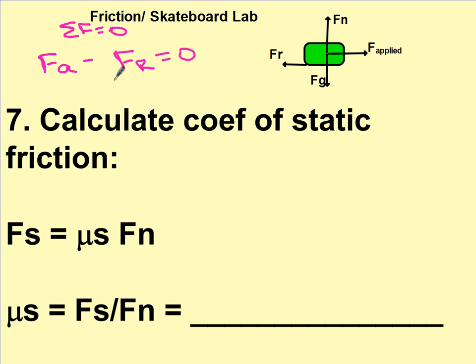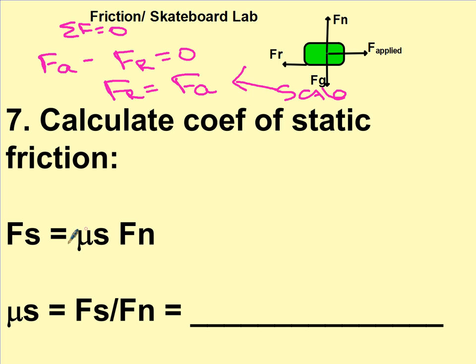That equals 0. So what this tells me is my frictional force has to equal my applied force. And you remember we read the applied force off of the spring scale. So the frictional force that you have to overcome to get started is equal to that force that you read on your scale.